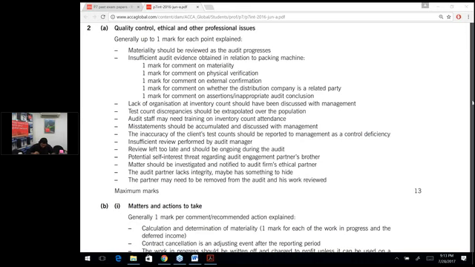The mock has been emailed to everybody. We are meeting up tomorrow again. Don't worry about that. I'll share the tips on the WhatsApp group also. I haven't had a chance to go through it because it's provided by ACCA, so I don't know.